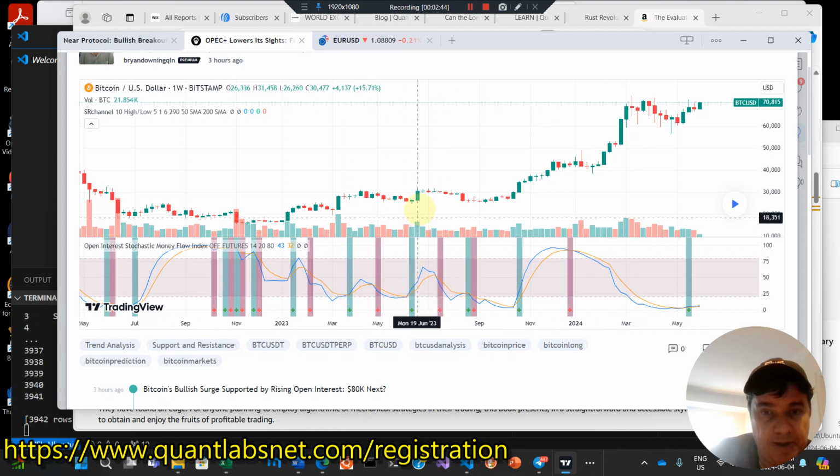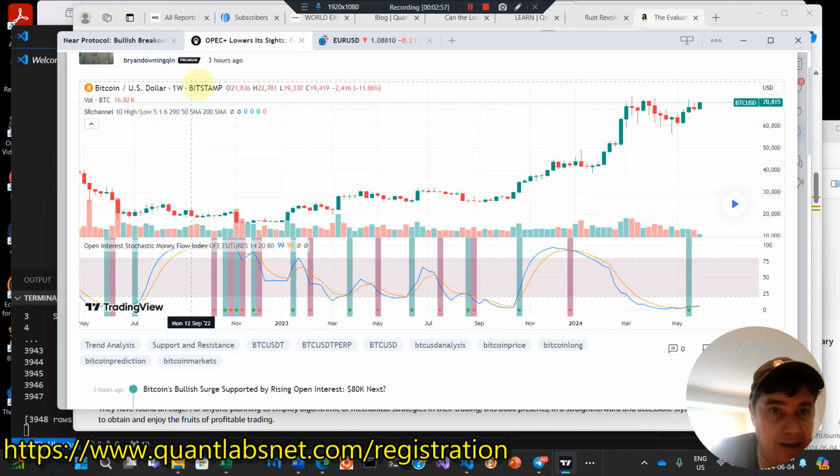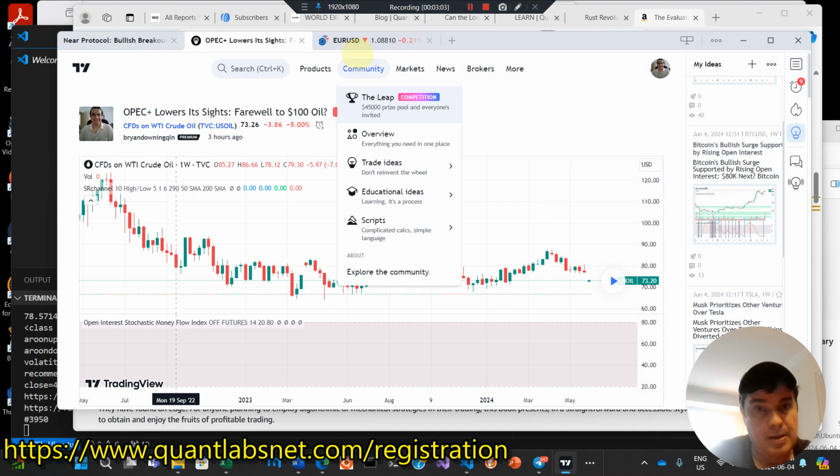So you can see here, open interest kind of does work. A jump there, a jump here, a jump there. And if it's too low, then it will go flat. So this appears to work. This is a weekly time frame on Bitcoin.